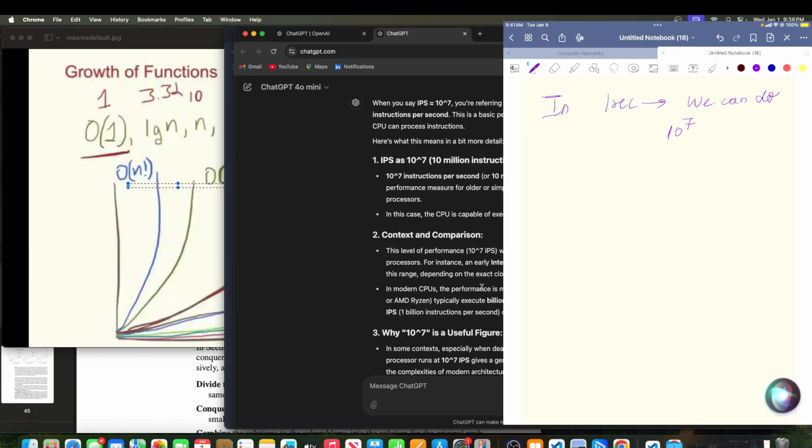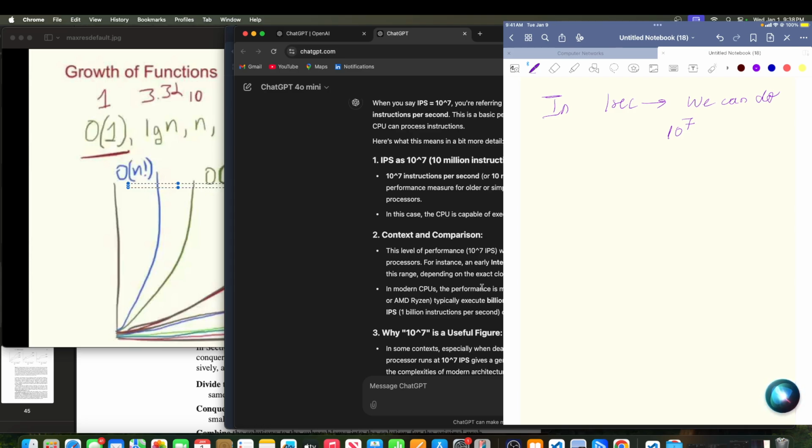So our goal is to make sure that the algorithm we write is so efficient that it is able to work even in the worst processing environment. So 10 power 7 is basically considered the worst that we have, and we assume that we would be using such a bad computer.